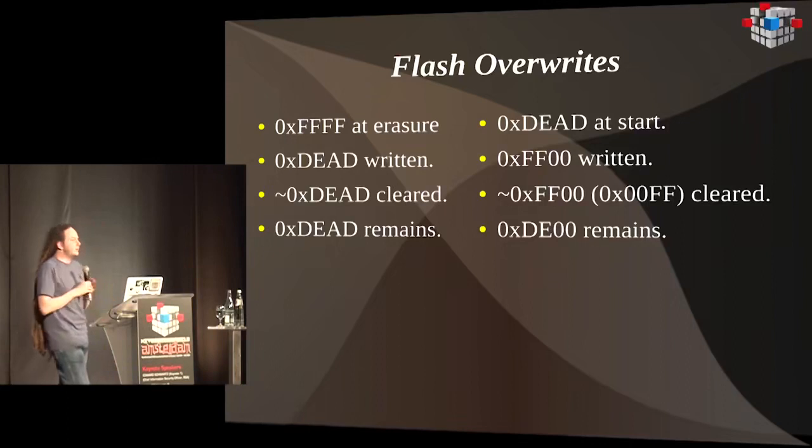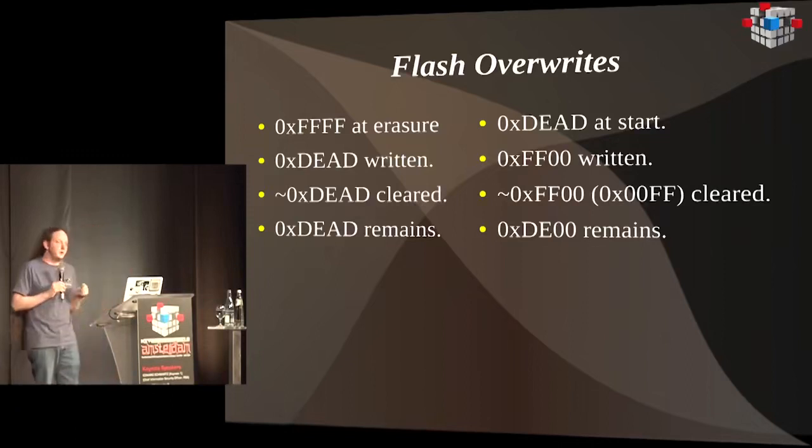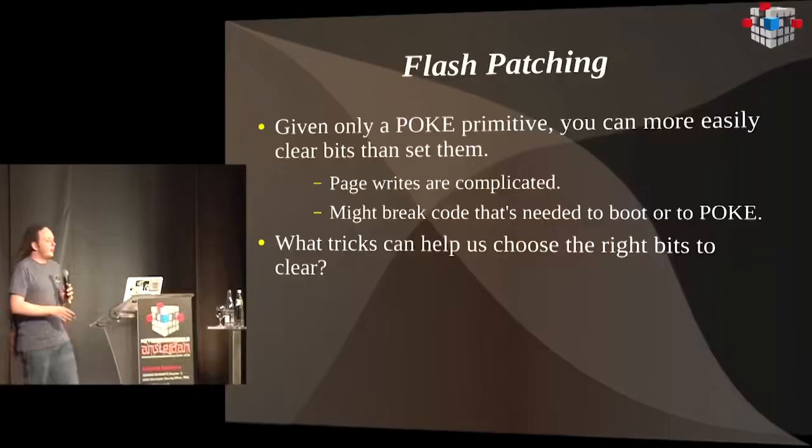Now, if you imagine that you start with DEAD, and you write FF00, what happens is that it inverts FF00 to get 00FF, and then it clears that second byte. So you wind up with DE00. So in this case, it's valuable to know which bits to clear in order to change the way that a program behaves.